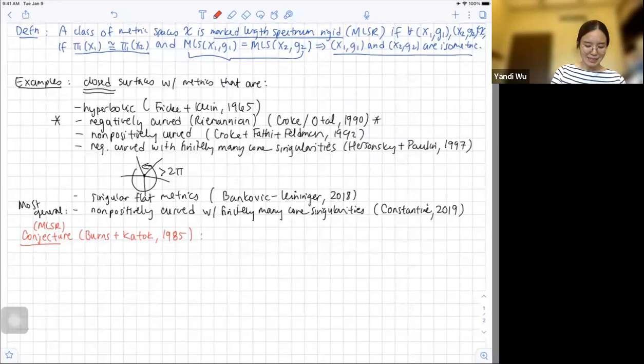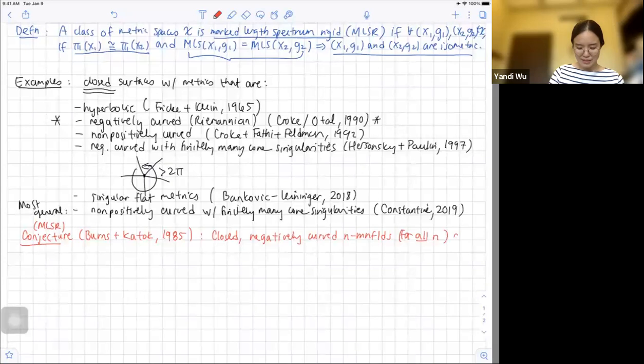And it says that if X, G1, or I can just write it this way, closed, negatively curved manifolds for all n are actually Marked length spectrum rigid.